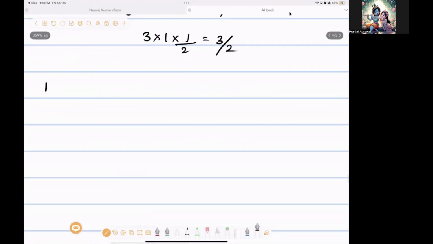Let's go to question number 12. If x is equal to 2 to the power 1 by 3 minus 2 to the power minus 1 by 3, then they have asked the value of 2x cube plus 6x.